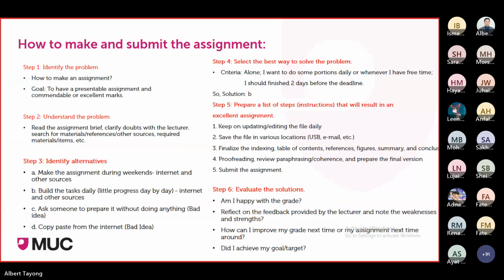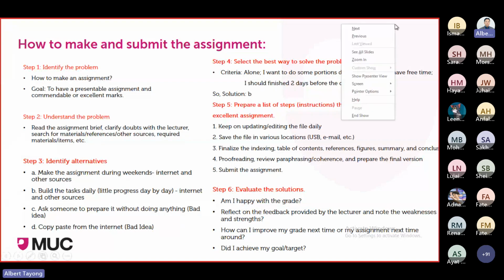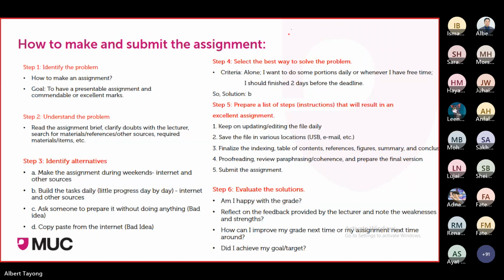Now, how to make and submit the assignment using 6 steps of problem solving. Okay, 6 steps of GPS. That means general problem solving skills.